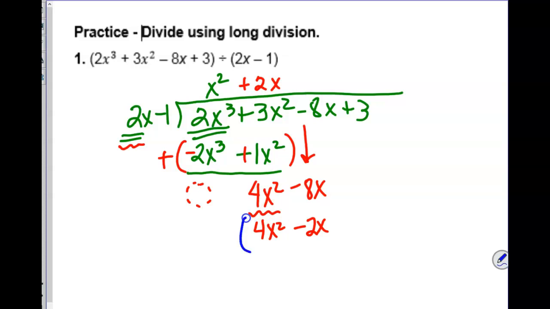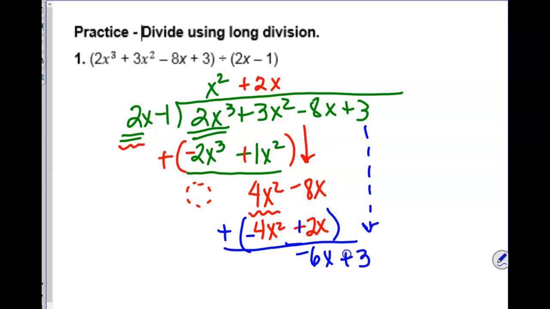I am subtracting that quantity, which is the same as adding the opposite. So I get back here what? Negative 6x. And if you're not good with integers, use your calculator. Plus 3. Okay, what do I need to multiply 2x by to become negative 6x?